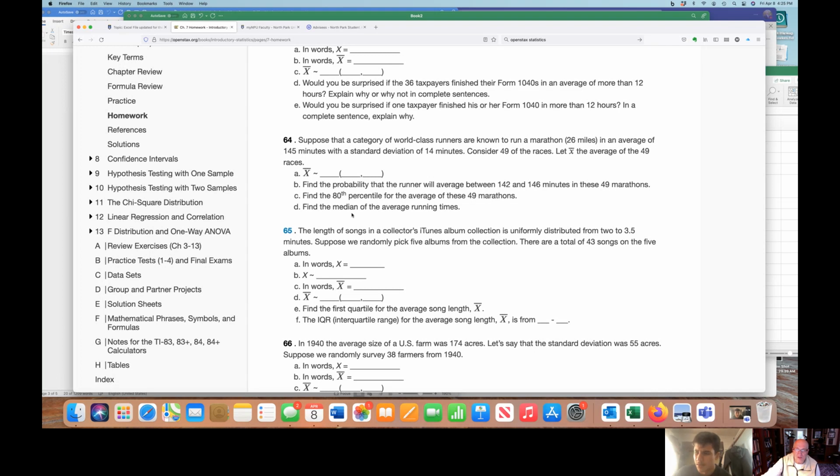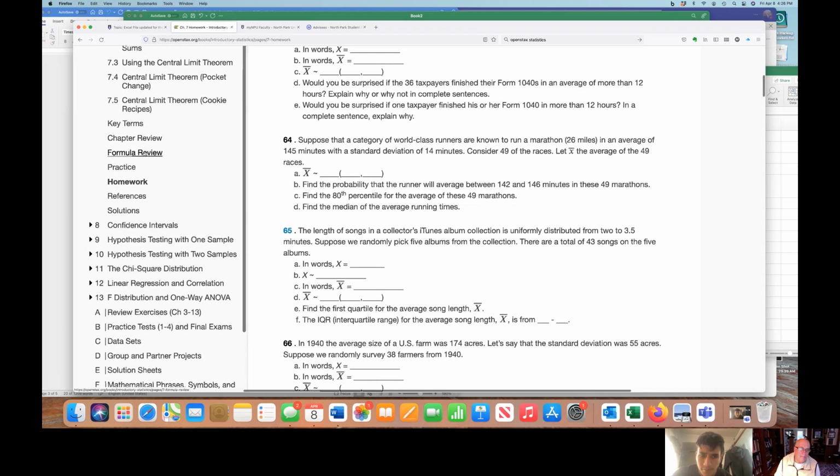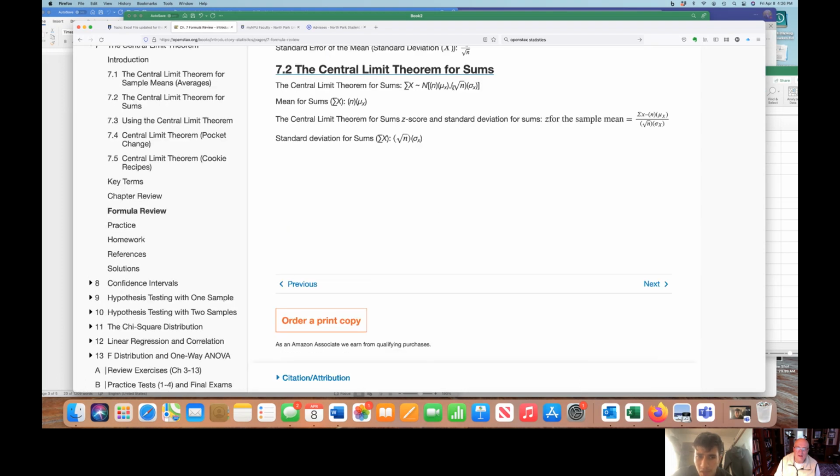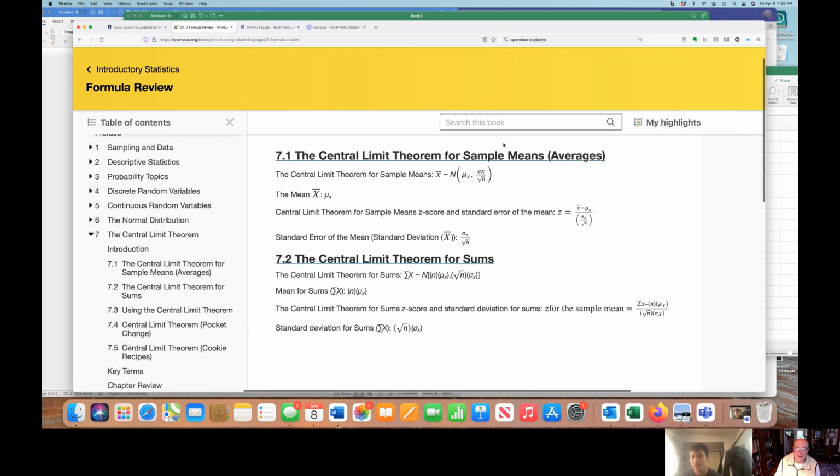They're known to run 26 miles in an average of 145 with a standard deviation of 14. Consider 49 races. Let X bar be the average of the 49 races. The mean is going to be this here. It's the same thing.